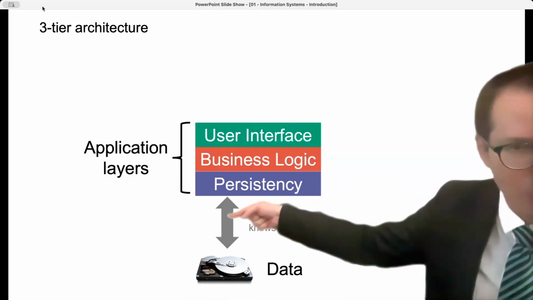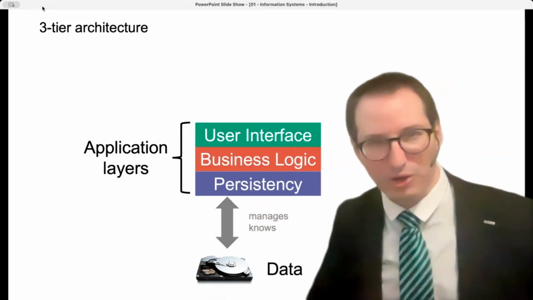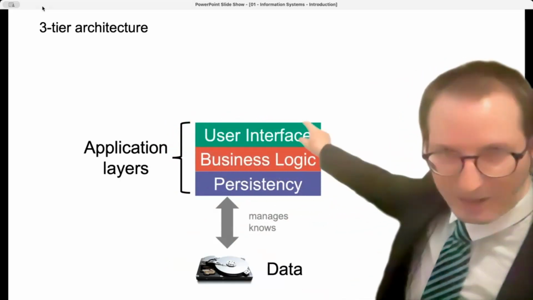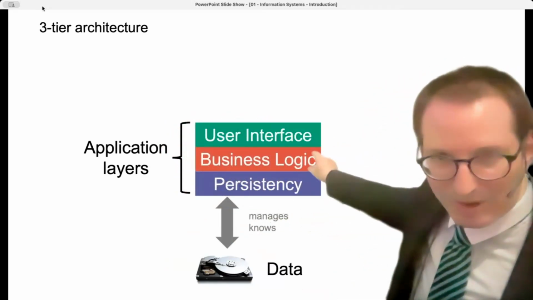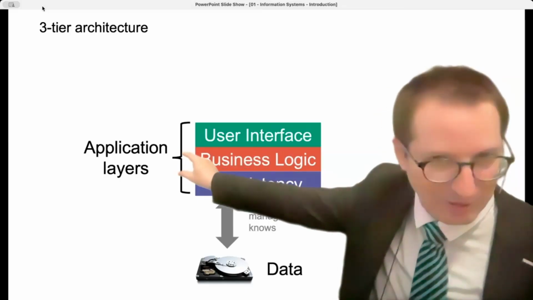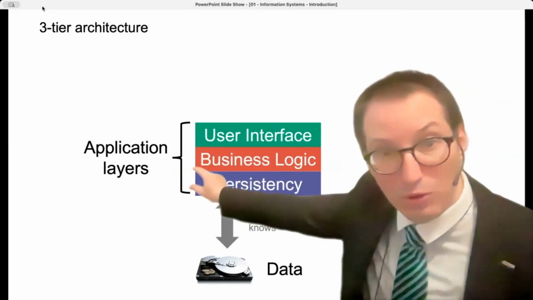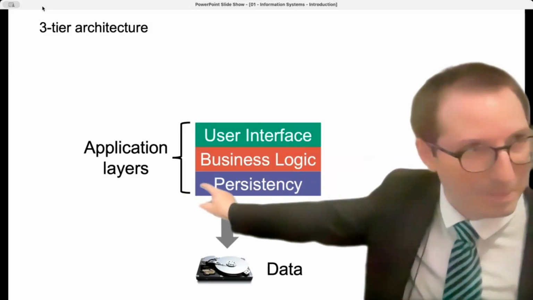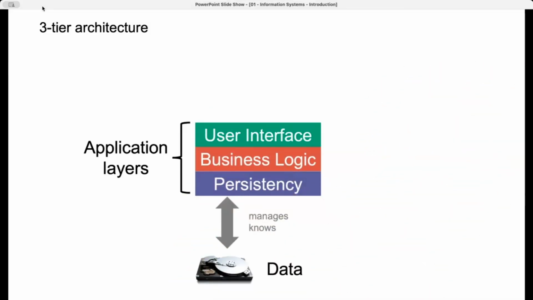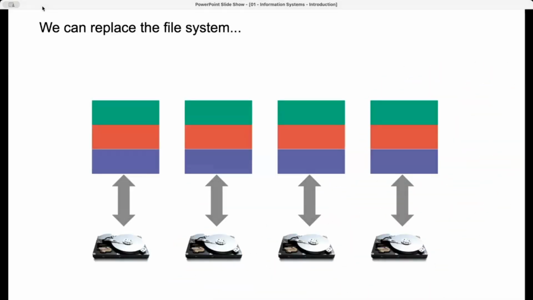So you often have these 3 layers. If I caricature a little bit, this is the website, the HTML page, CSS, JavaScript. This is going to be Java, C++, JavaScript, server-side, Python. And this is going to be SQL and the database management system, right? So these are the 3 layers that we'll get into.